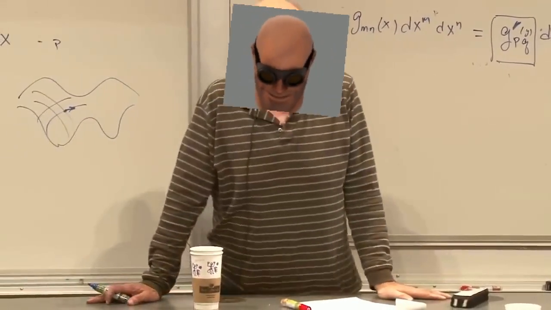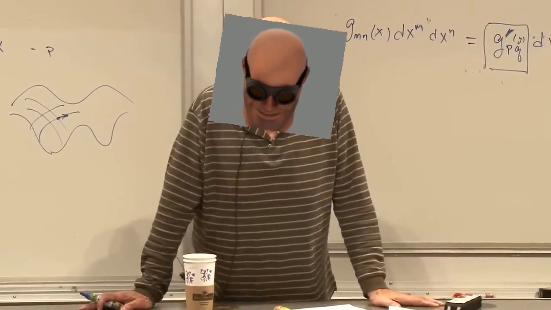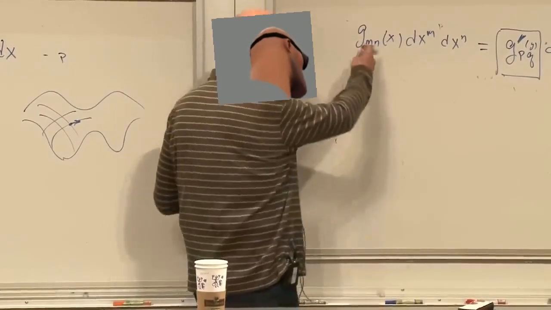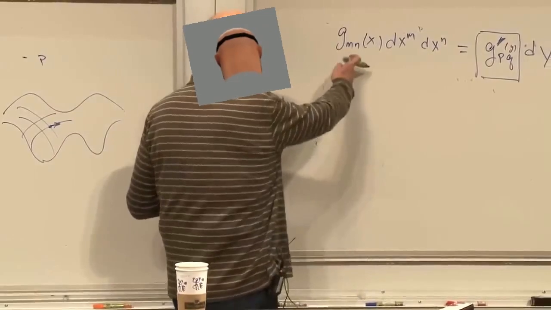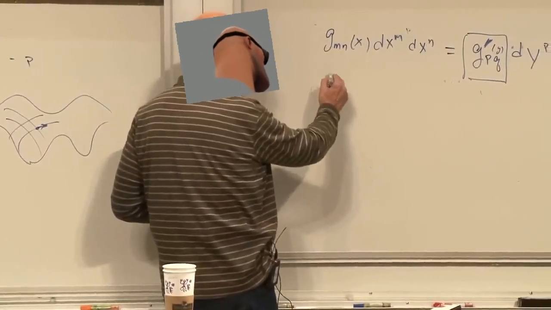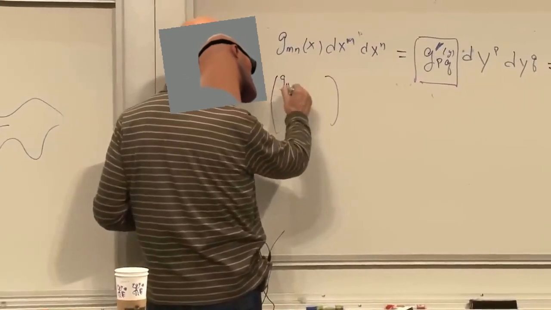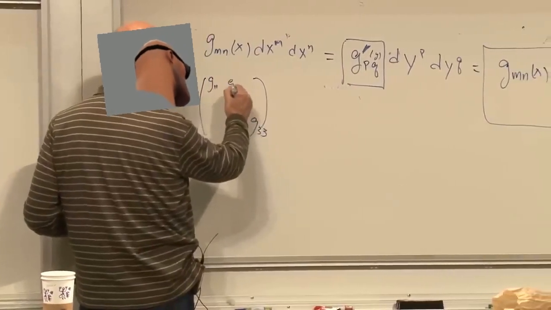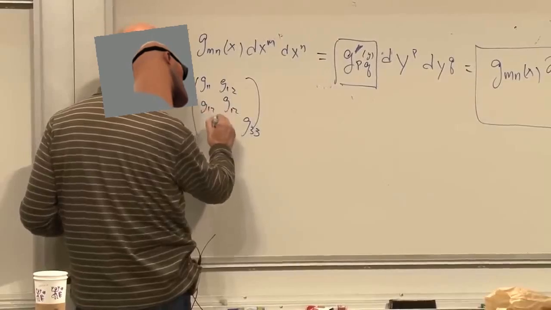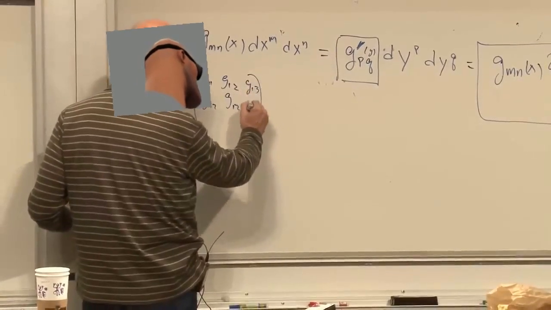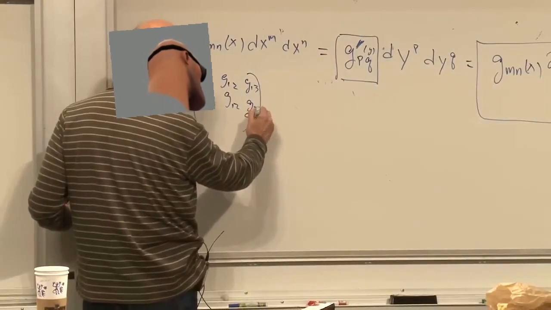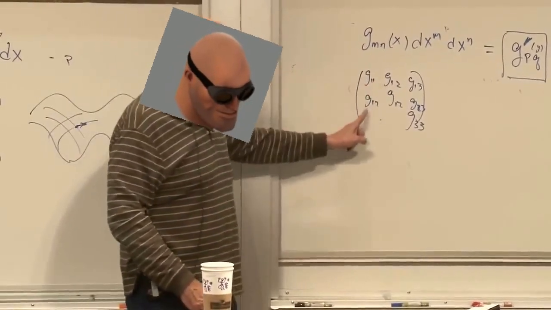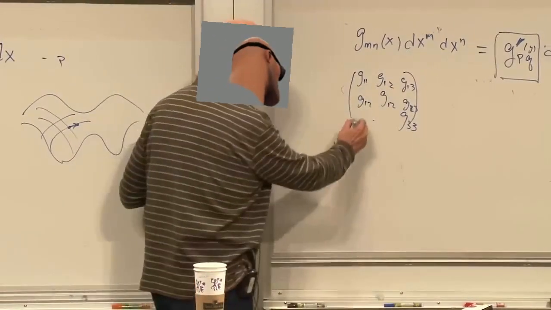Okay? Now, the metric tensor is also just a matrix. It's a matrix with mn indices. This is just a matrix, GMN. G11, I'll write it in for three-dimensional space, G22, G33, G12, G13, G23, and furthermore, it's a symmetric matrix.